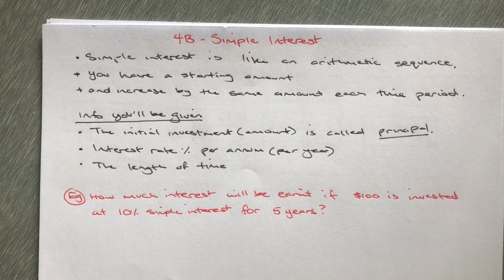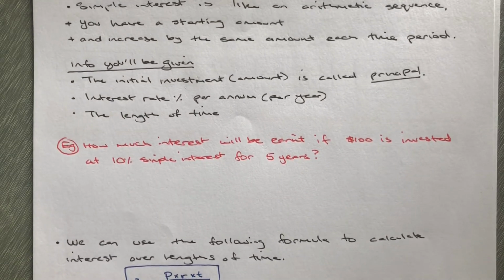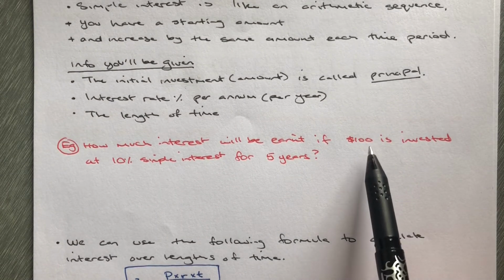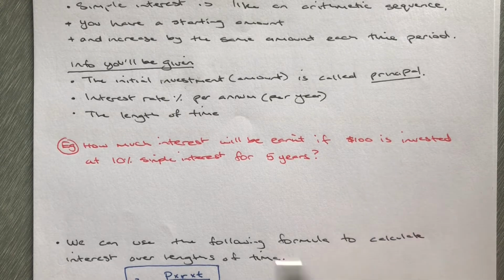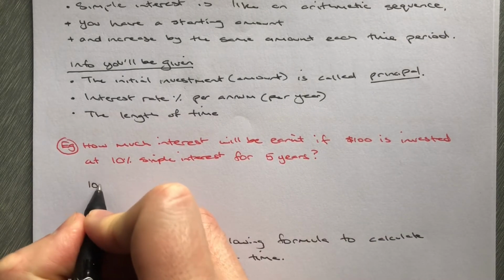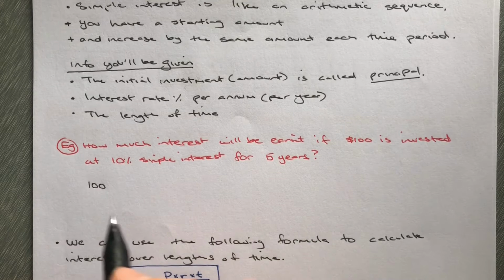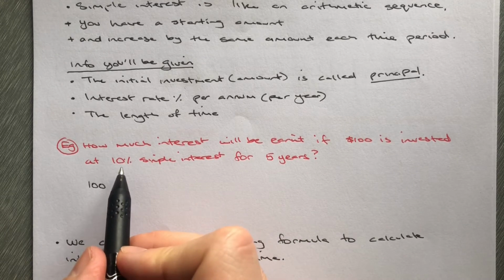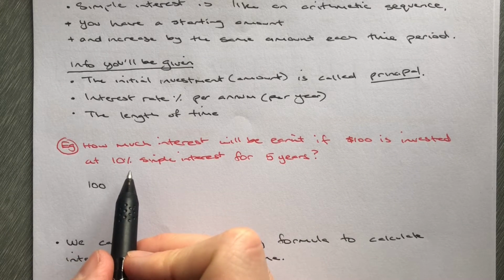Let's just look at the first example. What would happen here? We have $100 to start with. That's going to be our first term here, and then it's told us that we're going to increase by 10% each time.